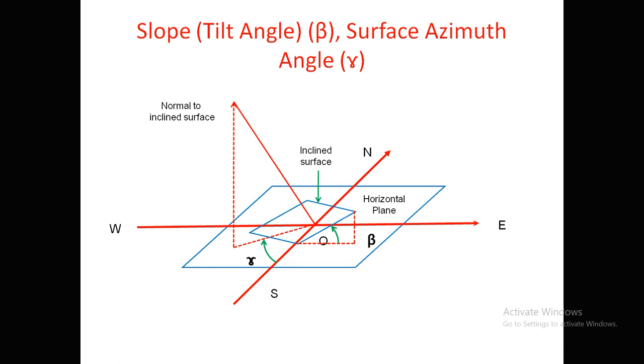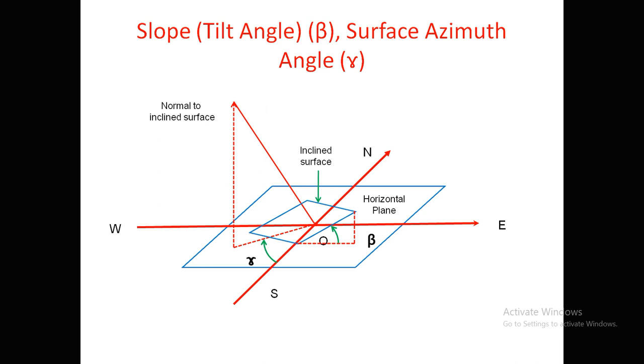What I observe from these two diagrams is that in the previous diagram we have the sun, and in this diagram we have the inclined plane. That's all, not more than that. In the previous diagram we considered the normal to the horizontal plane, but here we need to consider the normal to the inclined plane. So in place of the sun we have the normal to the inclined surface.